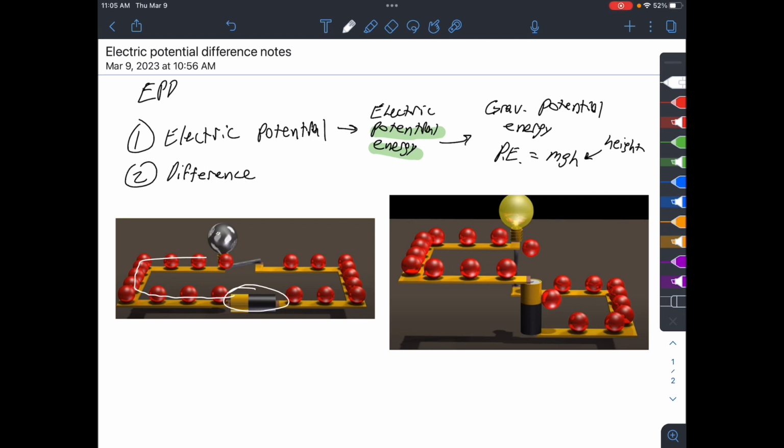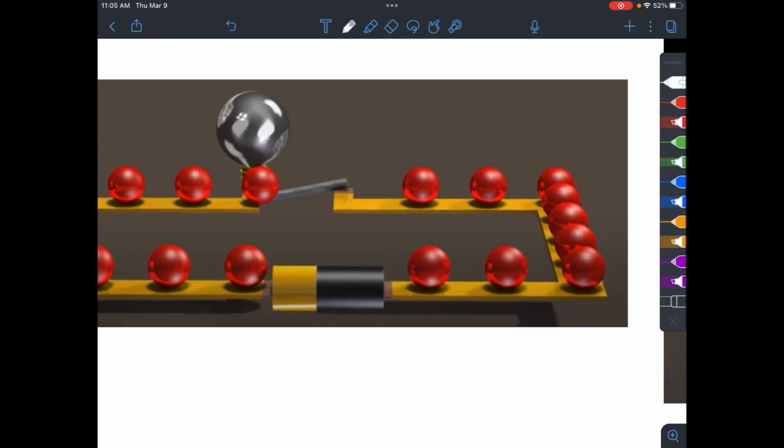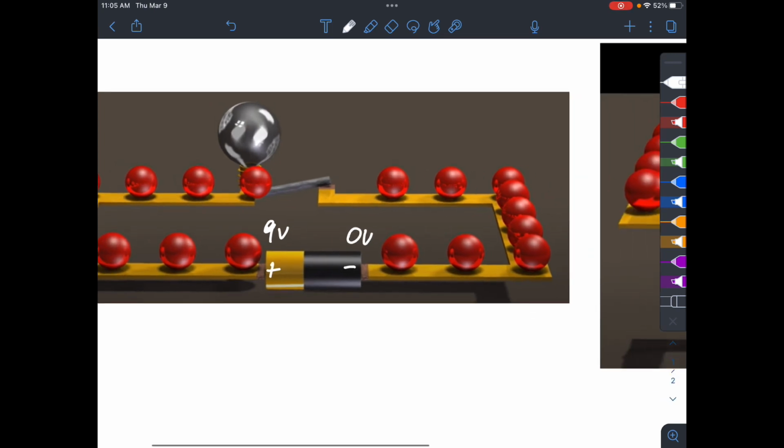The red spheres here are electrons, and they're being pushed through a light bulb and going around like that, back to the other side of the battery. If this were a 9-volt battery, we would say that this side, the positive end of the battery, has an electric potential of 9 volts, and the other side is at an electric potential of 0 volts.